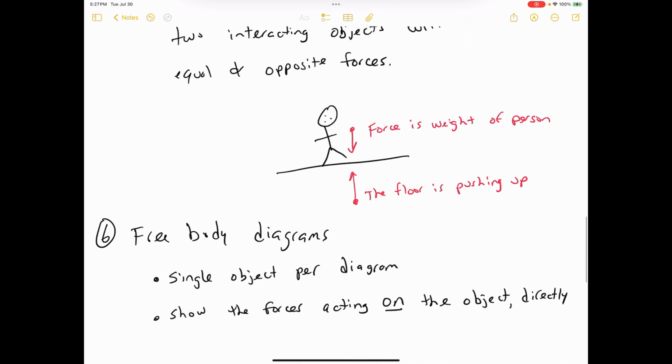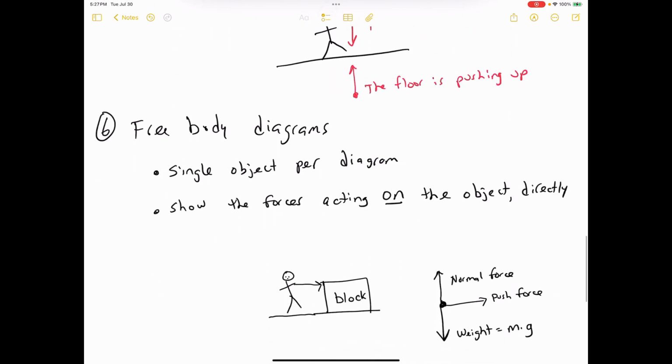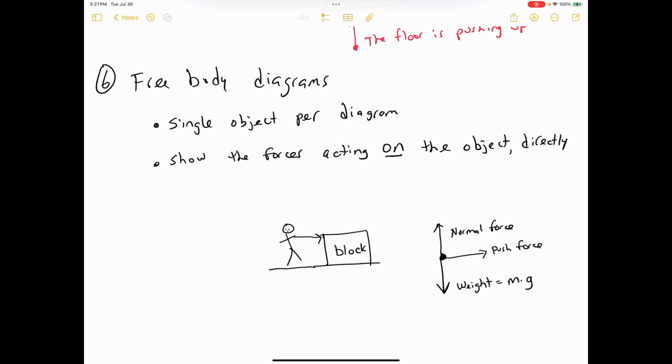All right. And then lastly I'll talk about free body diagrams. Free body diagrams are just ways for you to analyze physics problems in complex scenarios. When you want to construct these free body diagrams, each diagram has to contain a single object. You can't have 3 or 4 objects in a free body diagram.